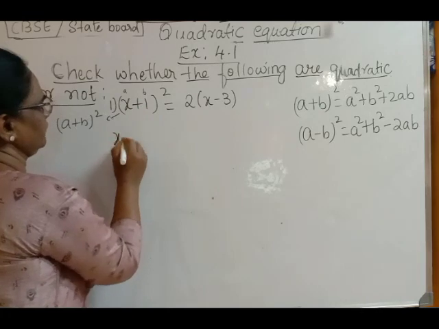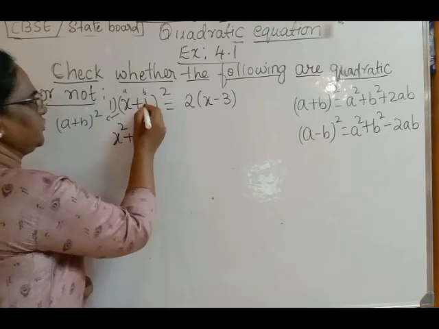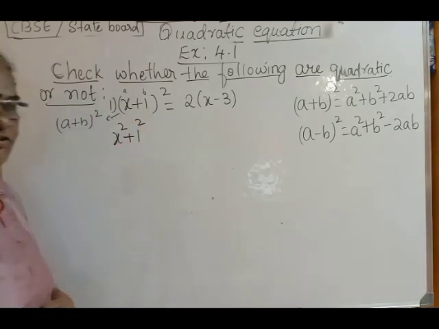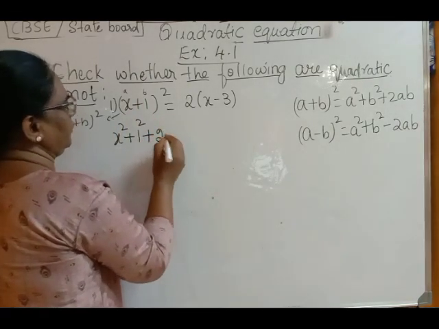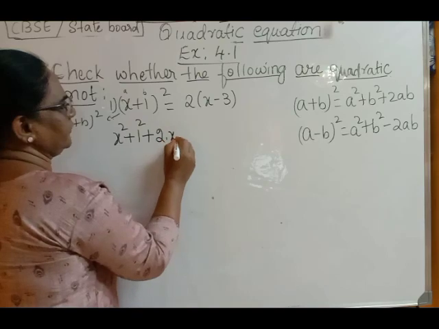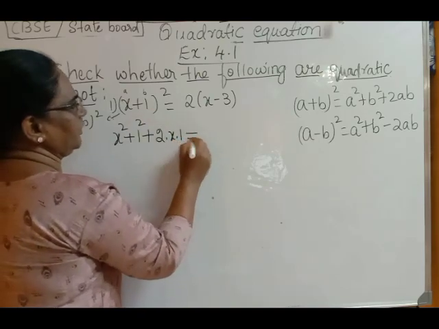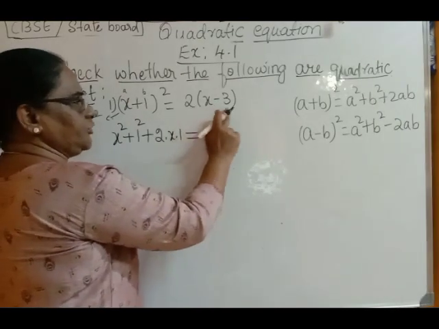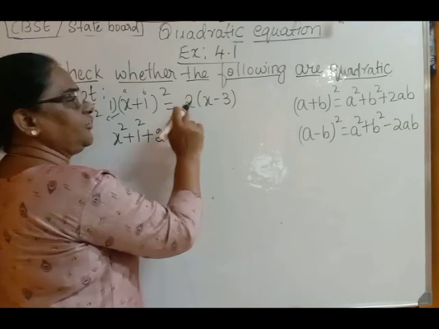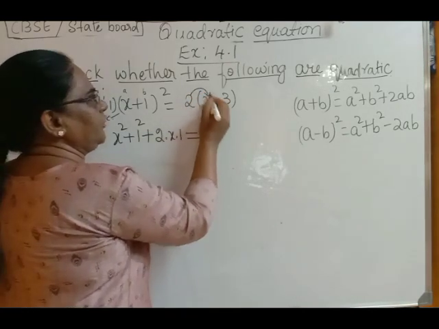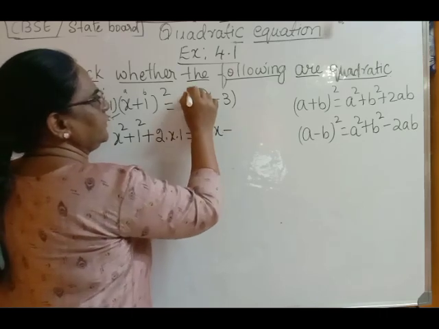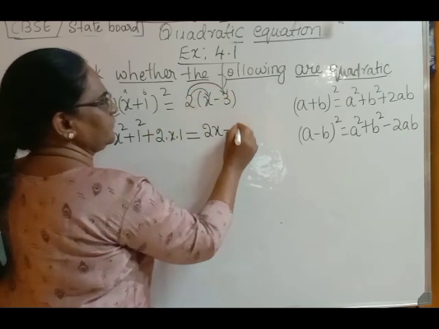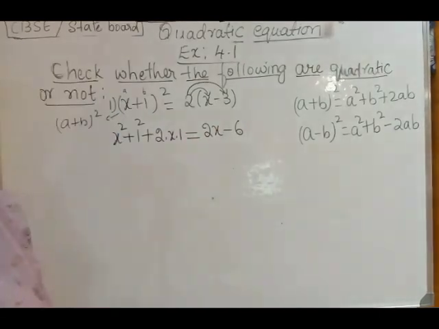A square means x square plus b square means 1 square because b is equal to 1 here. Plus 2ab. 2 into a means x into b means 1 is equal to. Multiply these two terms inside the bracket with 2. Okay, 2 into x is 2x minus 2 into 3 is 2 3s are 6.